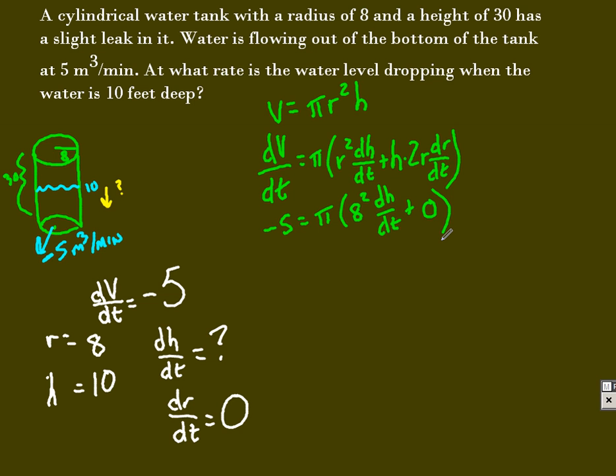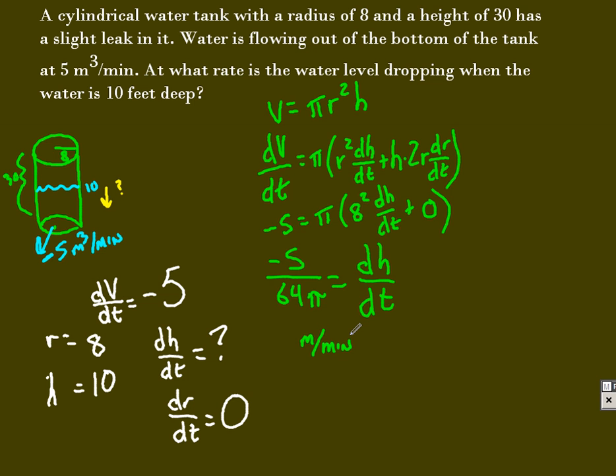So don't worry about multiplying it out, you know it's going to 0. Now, to get dh/dt by itself, we have to divide by pi and by r squared. So, negative 5 over 64 pi will equal dh/dt. And again, we want units here, that's in meters, the height is, and time is in minutes.